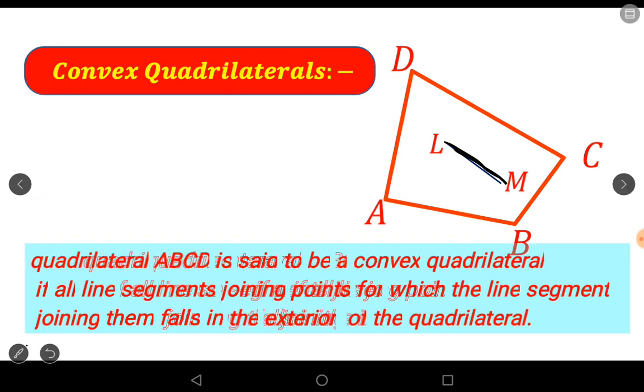Quadrilateral ABCD is said to be a convex quadrilateral if, for all points in the interior, the line segment joining them also lies in the interior of the quadrilateral. That one is the convex quadrilateral.